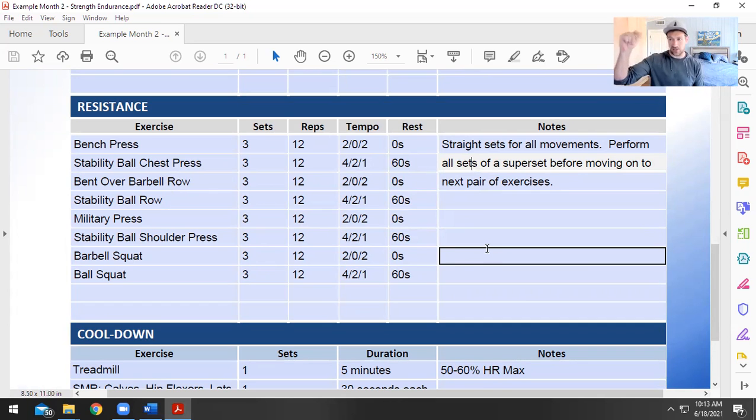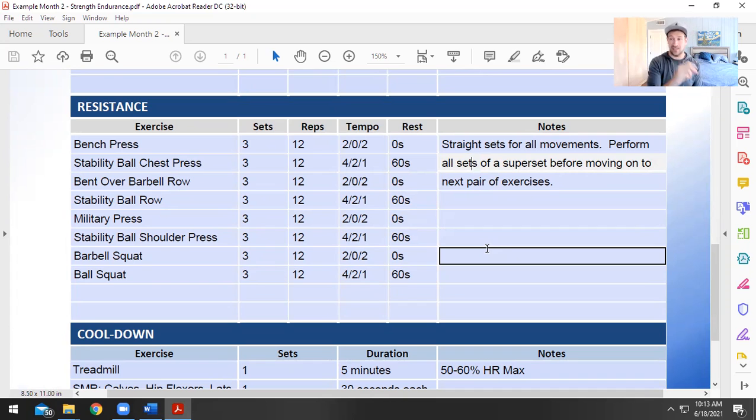Last month, we did exercise A, then B, then C, then D, then we went back to the top, A, B, C, D, right? Not this month. This month, they're doing the superset thing. So they're going to do exercise A, then B, rest, A, B, rest, A, B, rest.